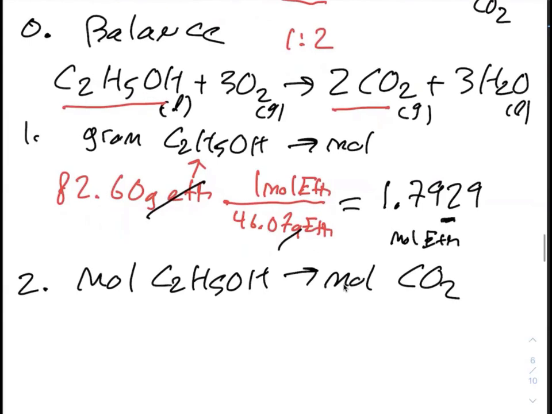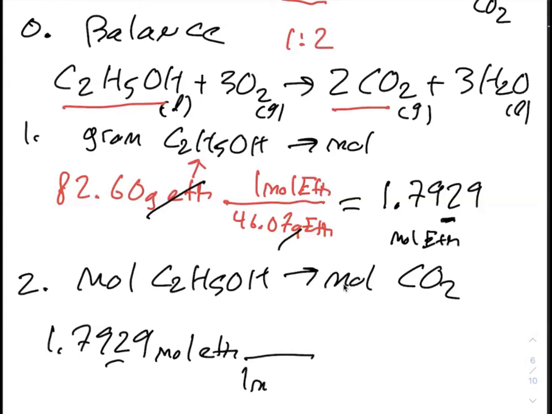Okay, so the next step is to use the mole ratio. I'm going to use the answer from step 1. I have 1.7929 moles of ethanol. My mole ratio is, if I look at the balanced equation, 1 mole of ethanol to 2 moles of CO2.